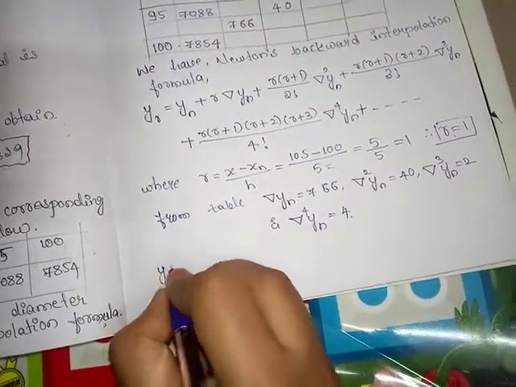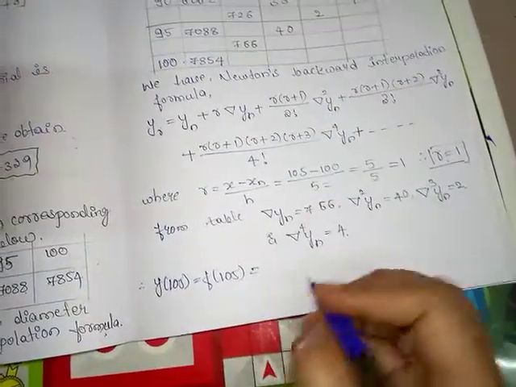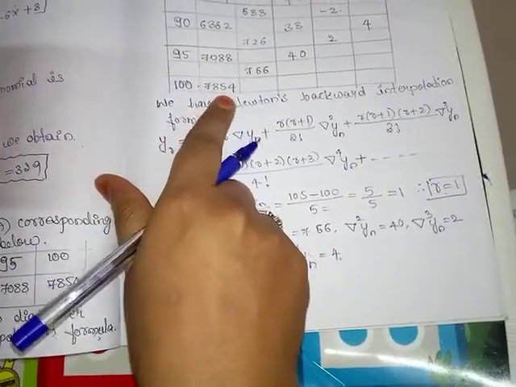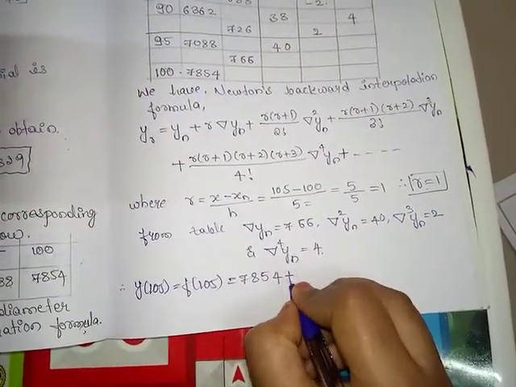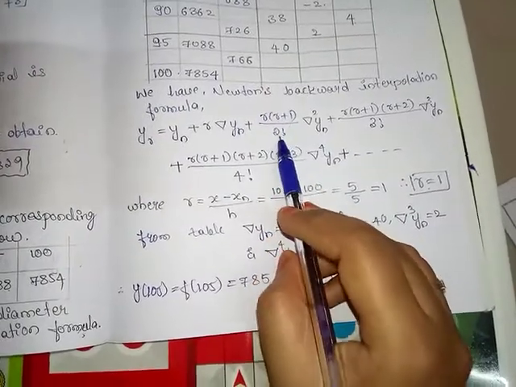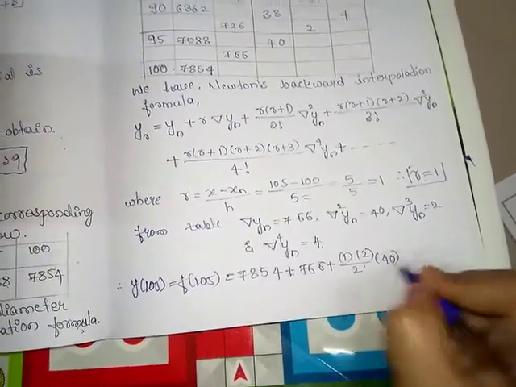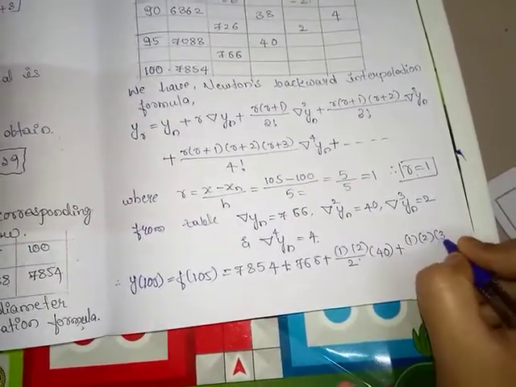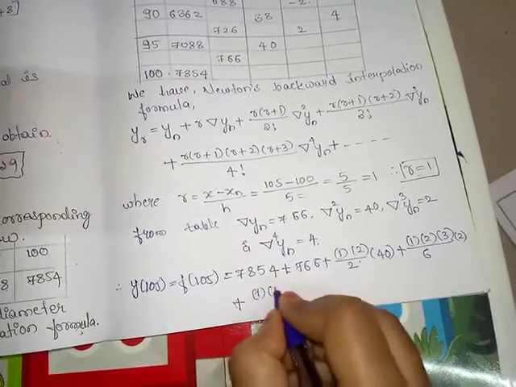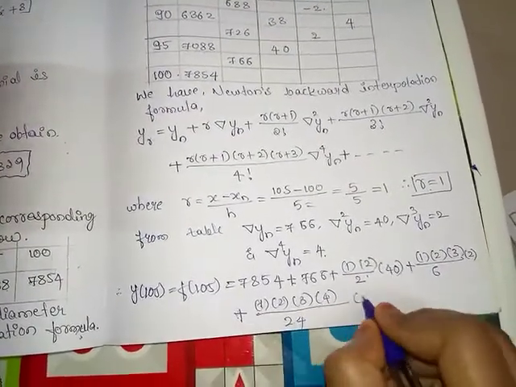Here we have to find the value of y at 105, or the value of f of 105 is equal to, substituting the values, the yn value 7854 plus 1 into 766, plus 1 into 2 divided by 2 factorial, which means 2, into 40, plus 1 into 2 into 3 divided by 6, into 2, plus the last term 1 into 2 into 3 into 4 divided by 4 factorial, which is 24, into 4.